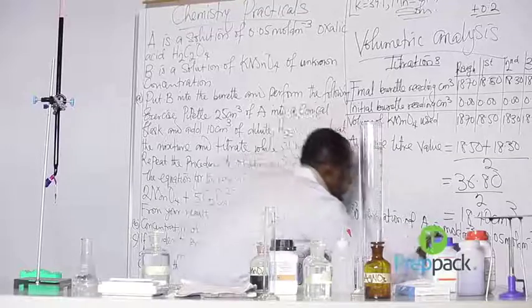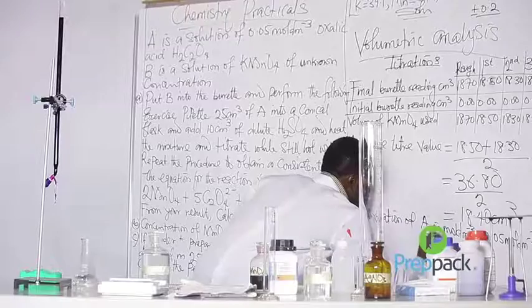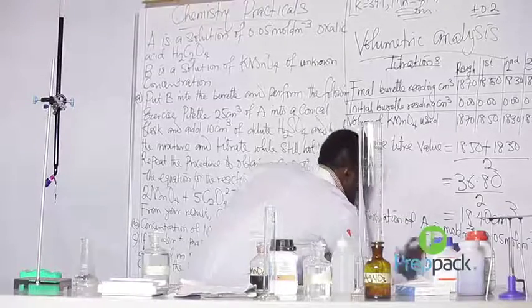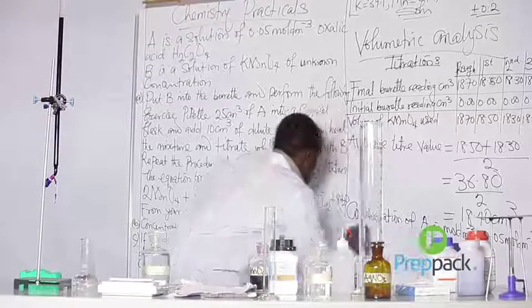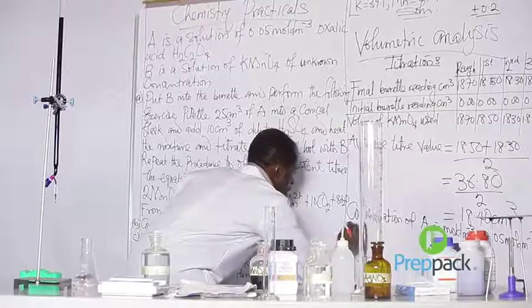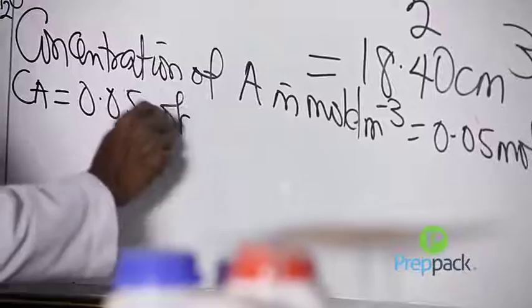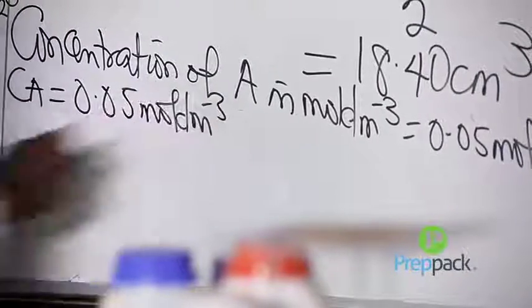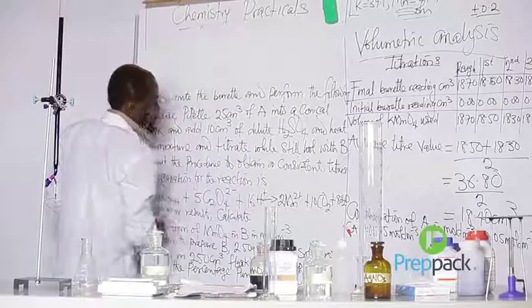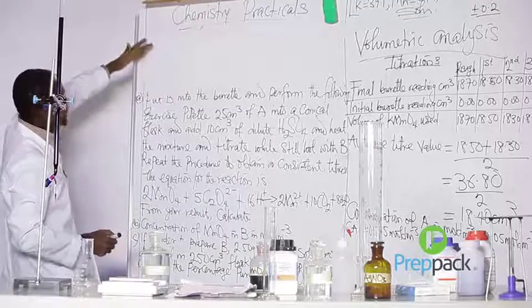So we call this our Ca. So our Ca equal to 0.05 mole per dm cube.